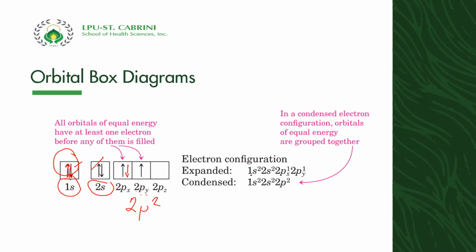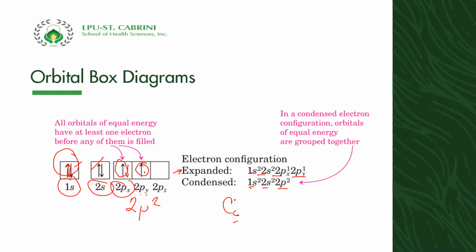So this is the expanded electron configuration. 1s2, 2s2, 2px1. This is your 2px1. And this is your 2py1. You only have one electron here. You only have one electron here. So that is the expanded. How about the condensed? Instead of saying 1s2, 2s2, 2px1, 2py1, we can say that 1s2, 2s2, 2p2 is the electron configuration for carbon 6.